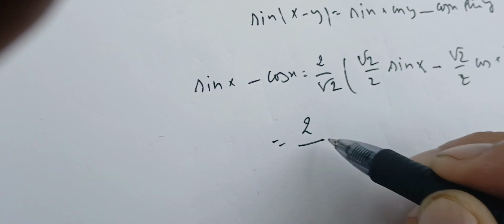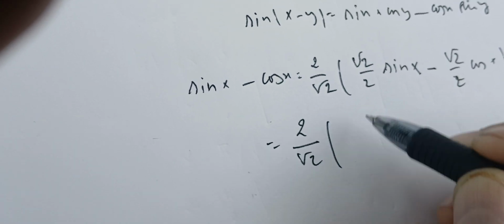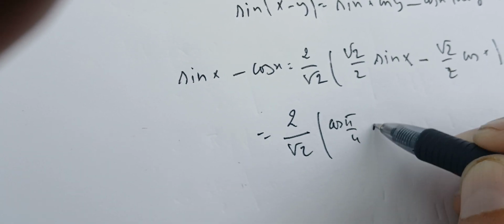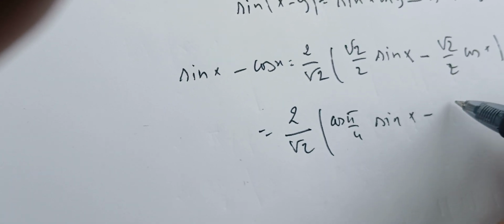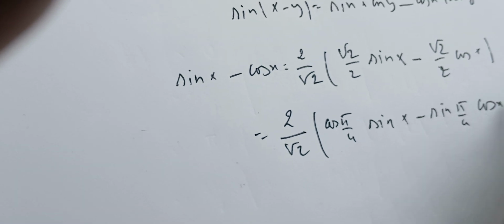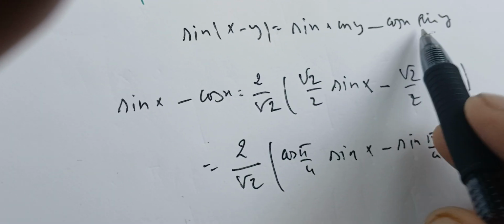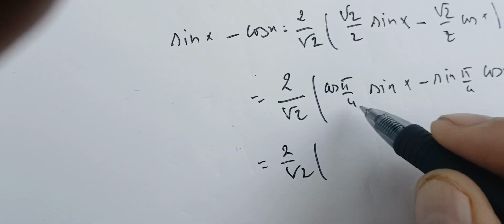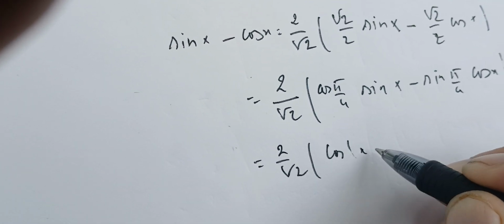So this would give me 2 over square root of 2. And here I know this is cosine of pi over 4 sine x minus sine of pi over 4 cosine x. So I'm going to use this fact here. So I have 2 over square root of 2 cosine of x.